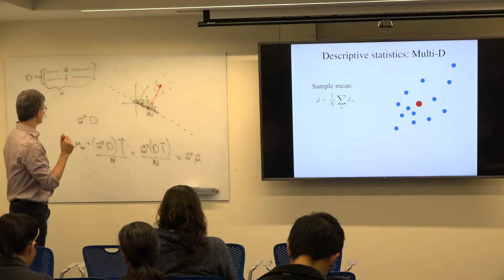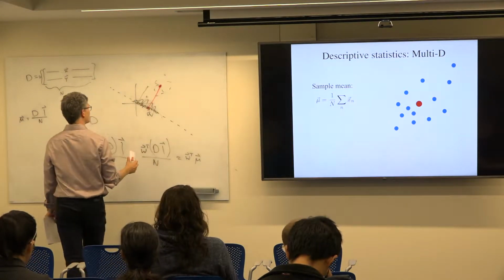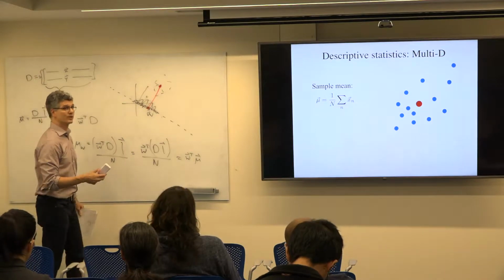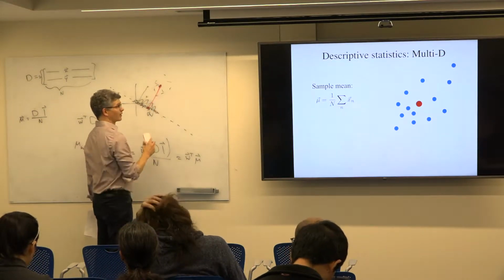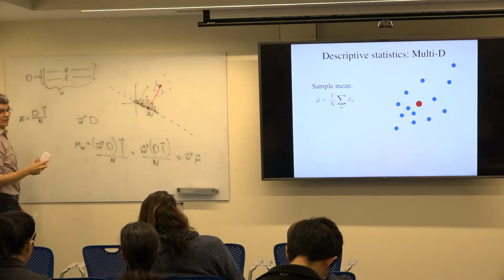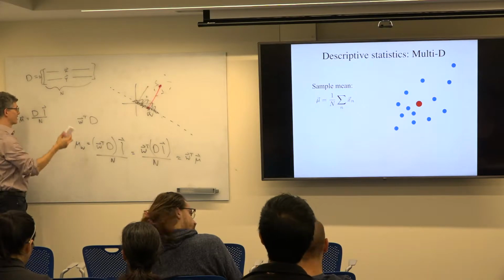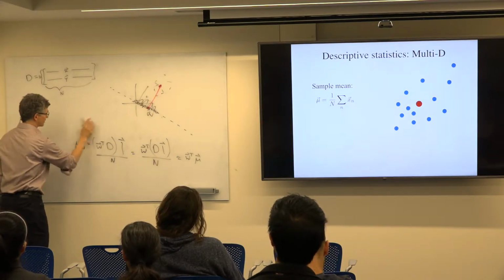Okay, so that's the mean. Now, normally what we would do is exactly what I just said. We recenter the coordinate system around the mean of the data by taking all the data and subtracting off the mean vector from each of these columns. How do we write that with linear algebra? So let's do that.